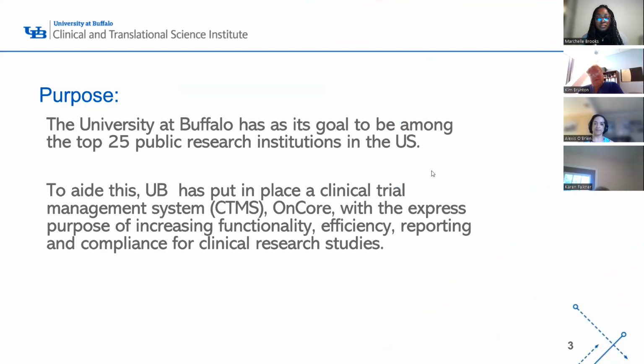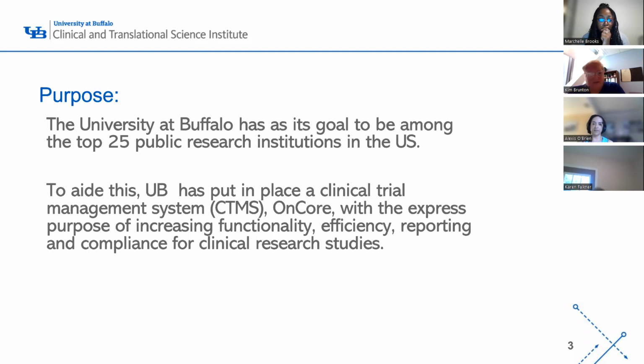So the purpose of OnCore is basically this: the dean has a very great goal of being one of the top 25 public research institutions in the United States. In order to do that, we need some kind of handle on what is going on in clinical trials and clinical research.